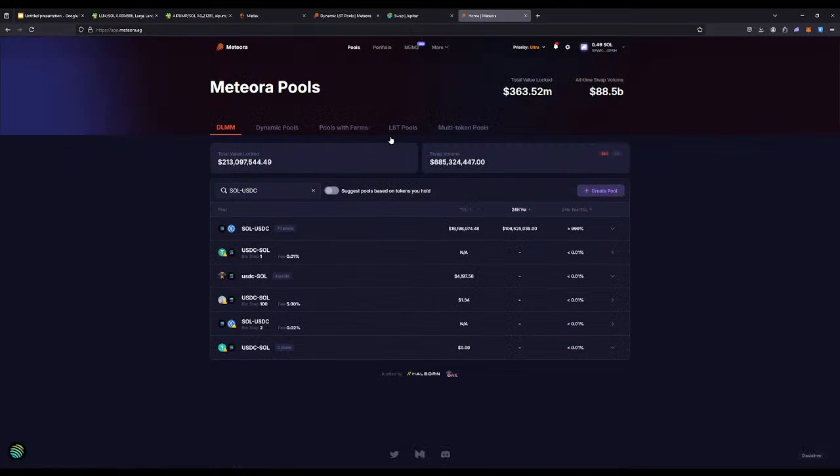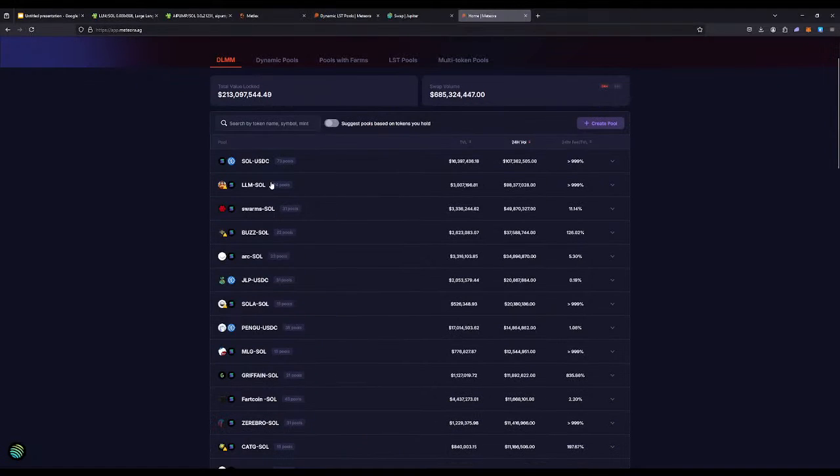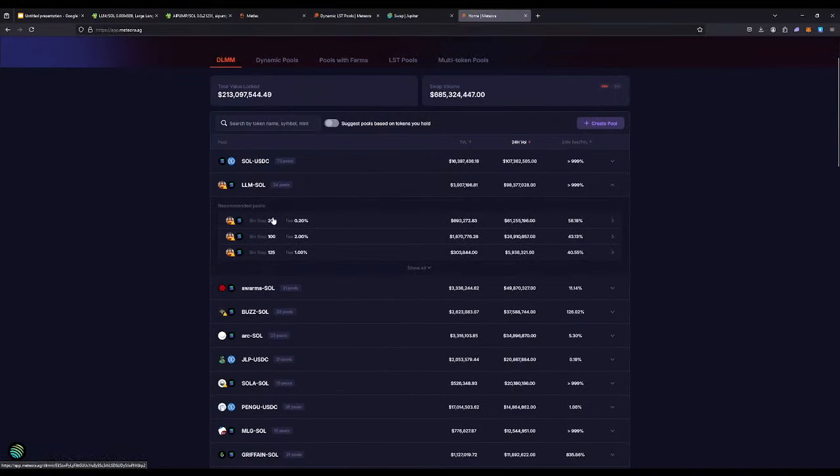But similarly, if you start looking at some of the meme pools, if we talk about LMM, you see most of the liquidity is in the 100 and 125 bin step range, because it's a much more volatile token, so people are providing liquidity over a wider range. Although yes, there's also a lot of liquidity because the market cap has reached quite high, and now the token price will very likely stabilize a lot.